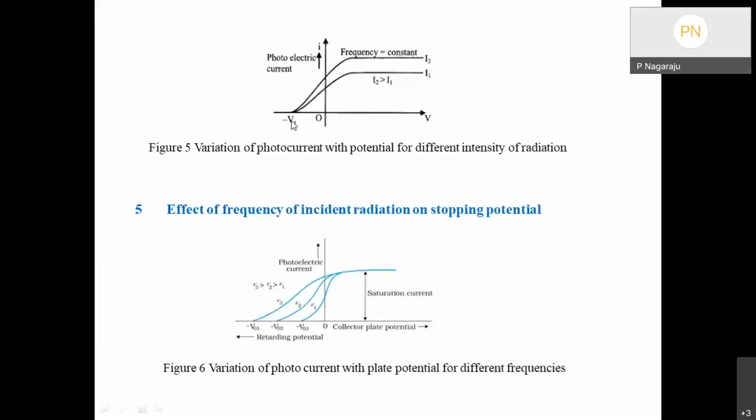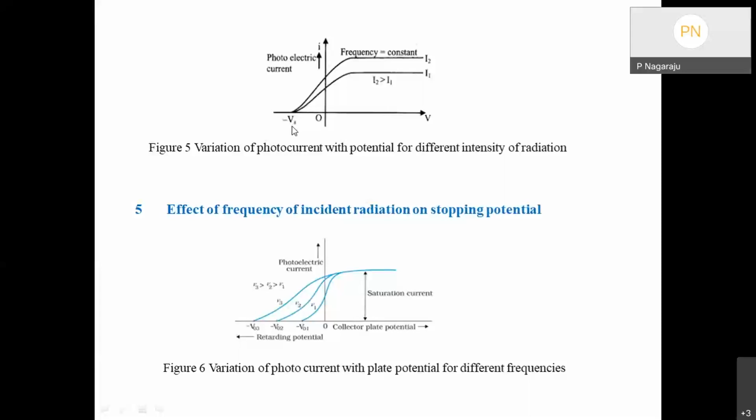If we increase the intensity, the photoelectric current is more for the source of higher intensity compared to the lower one. And here you see that I2 is greater than I1. So photoelectric current is along the y-axis, and the voltage is along the x-axis.